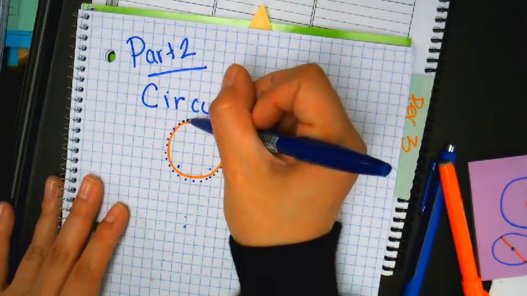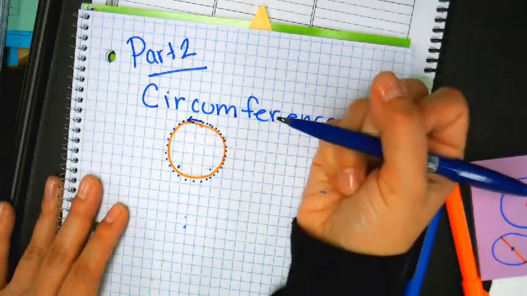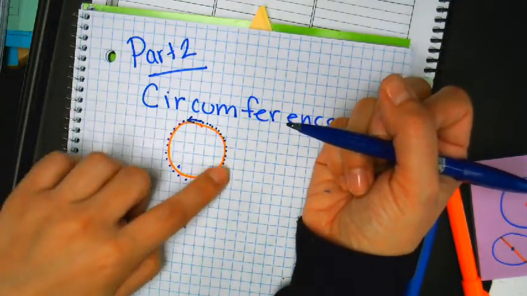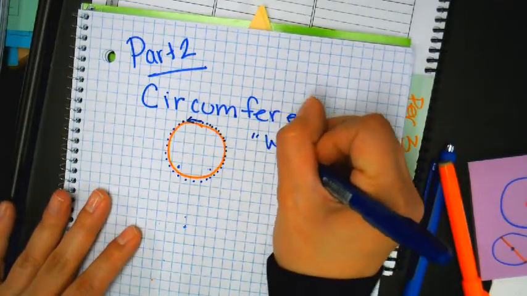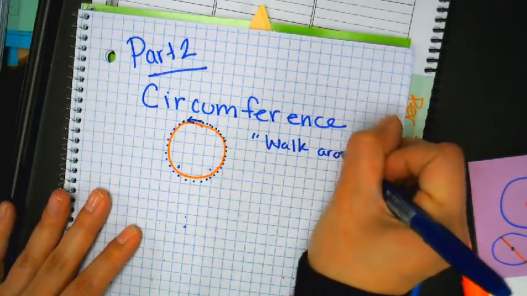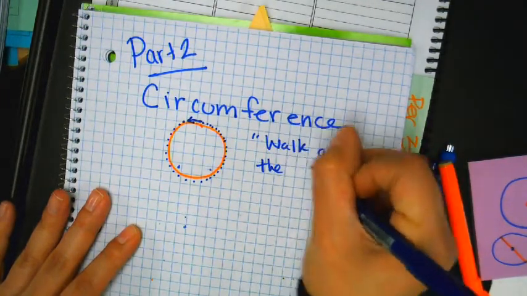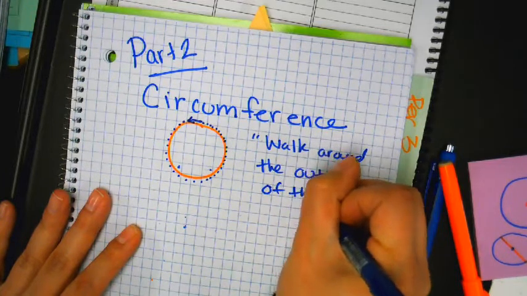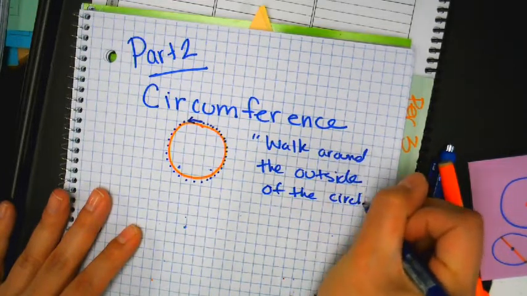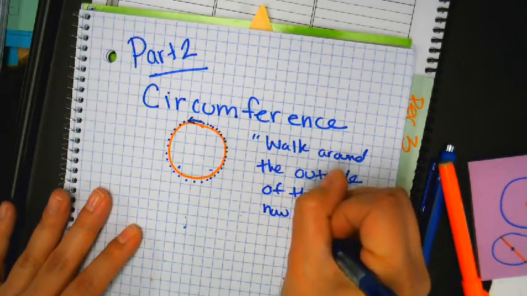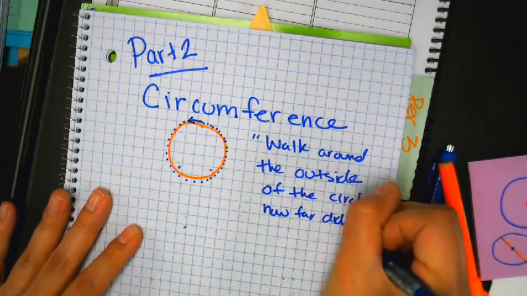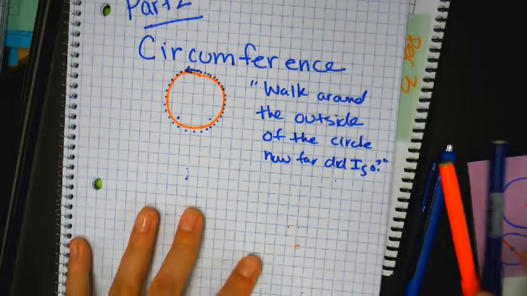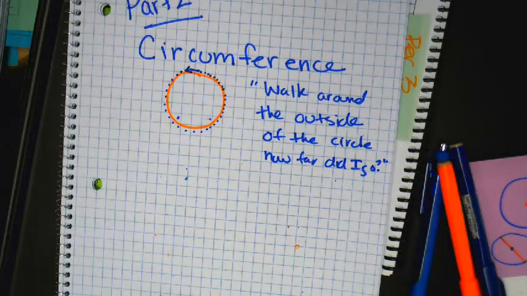How far did I travel if I went all the way around the outside of my circle?